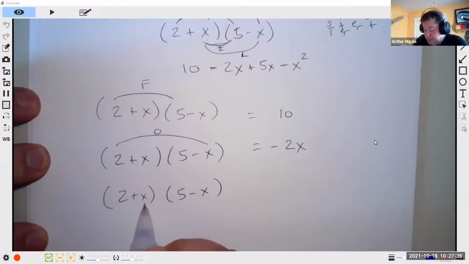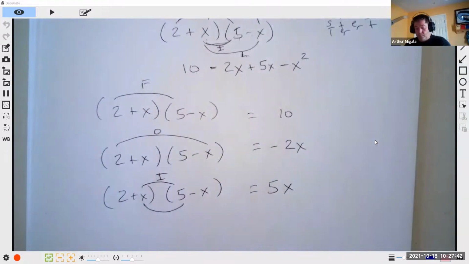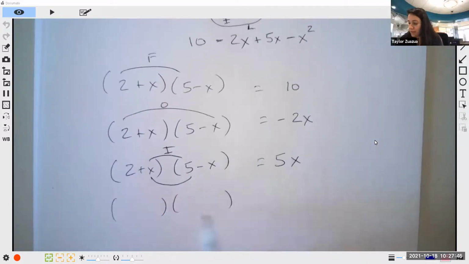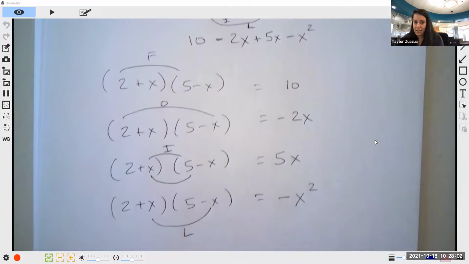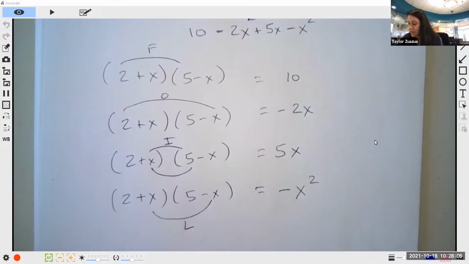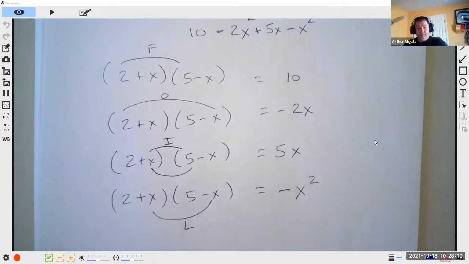Then the inner one. Okay. Gotcha. So there's the FOIL.